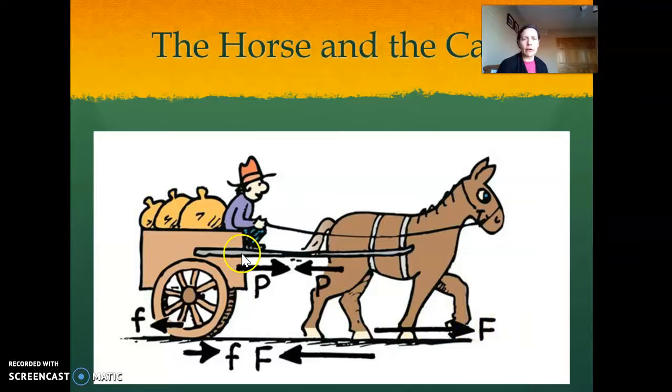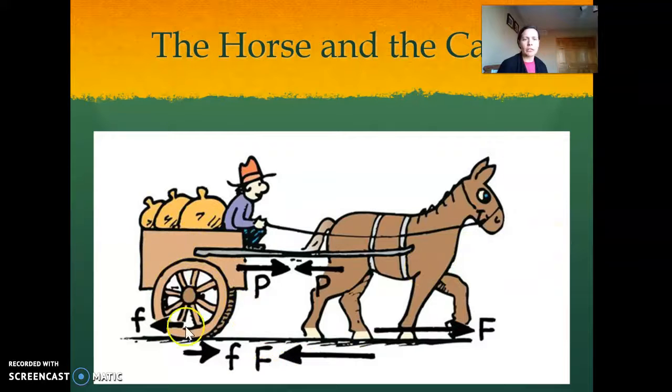Now if we look at the cart, this P is the horse pulling the cart forward. This F is friction from the ground pushing the cart backwards. As long as this P is bigger than this F, the cart will move forward. So if we look at each item separately, we can see the forces acting on the horse. The net force is to the right, so the horse is going to accelerate forward.